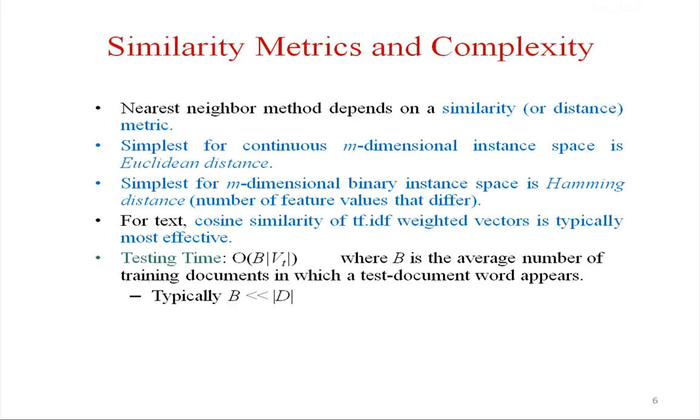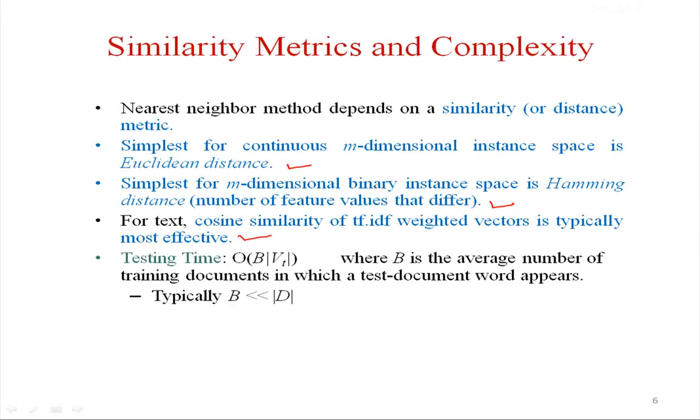The simplest for continuous m-dimensional instance space is the Euclidean distance, and the simplest for m-dimensional binary instance space is Hamming distance. Hamming distance generally performs better in case of binary classification. It is already proved. For text, cosine similarity of TF-IDF weighted vectors is typically most effective. It was already discussed with Rocchio classifiers. And TF-IDF weighted cosine similarities generally perform better than other text-related similarity measures and approaches also.